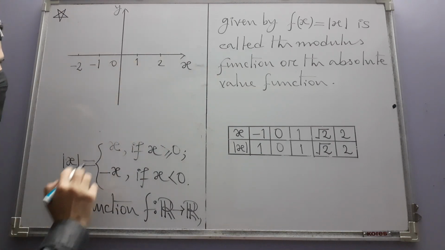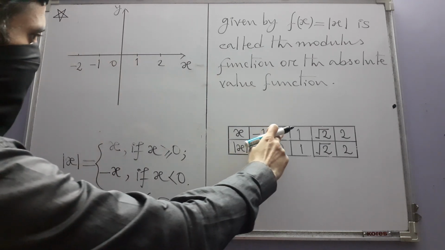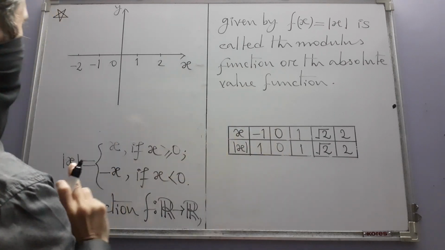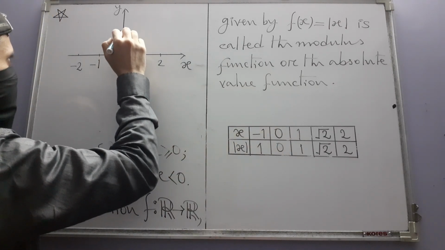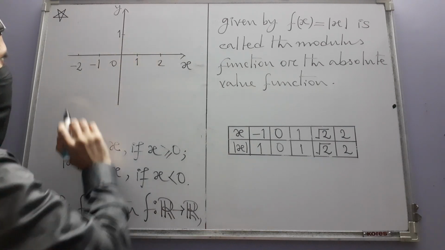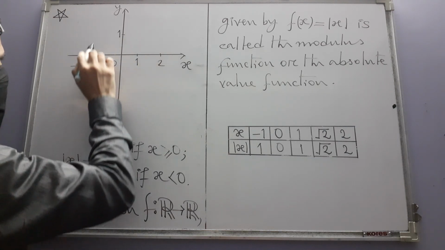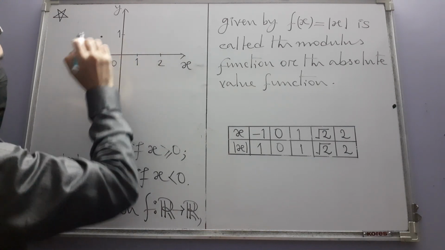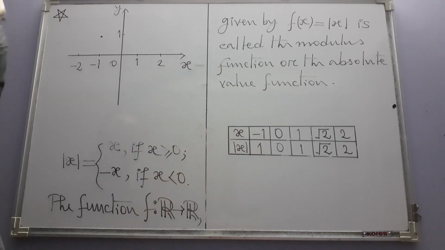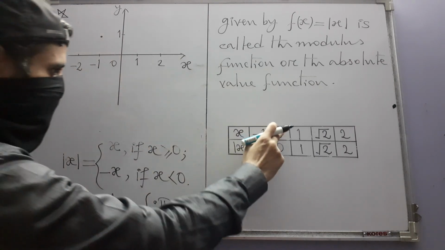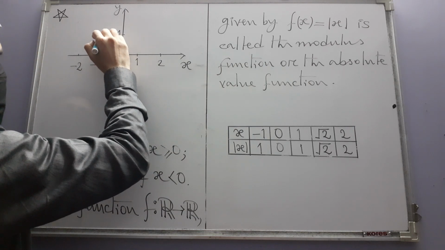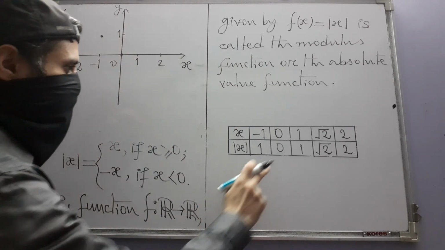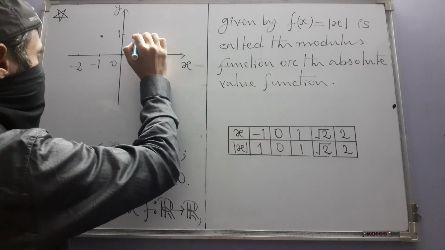Okay, so when x is minus 1, say, here also on the y-axis this is 1. When x is minus 1, the output is 1. That means minus 1 comma 1 is a point on the graph. When x is 0, the absolute value function gives us 0. When x is 1, we again get 1.